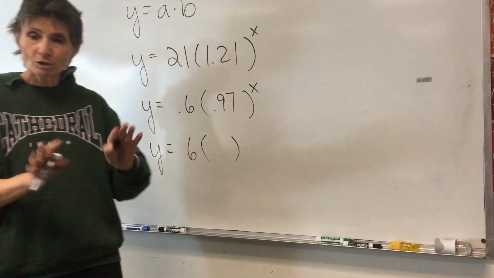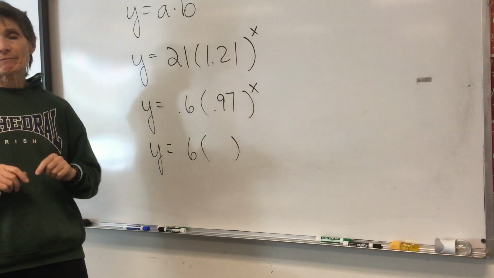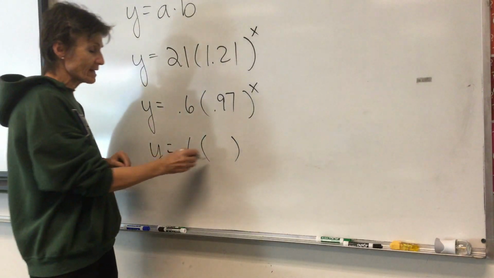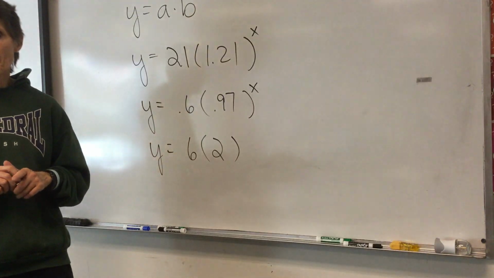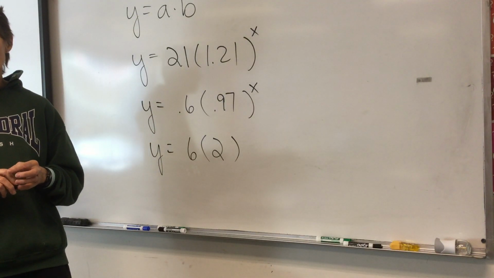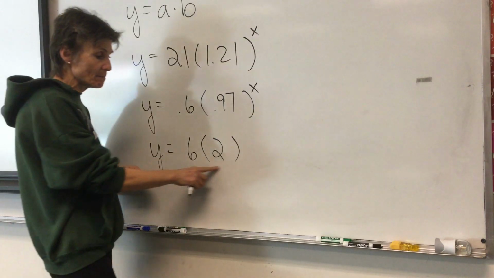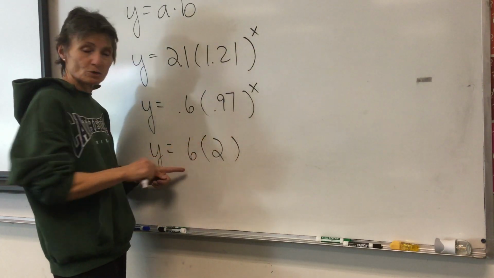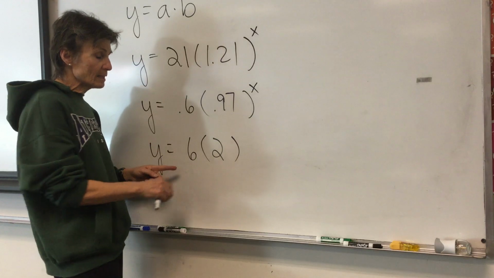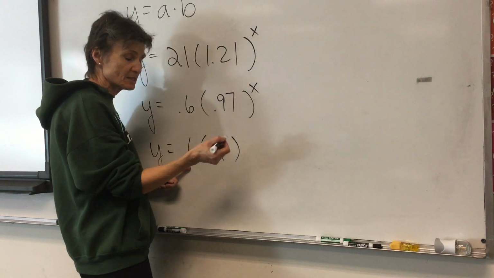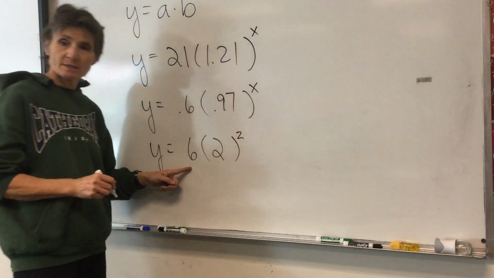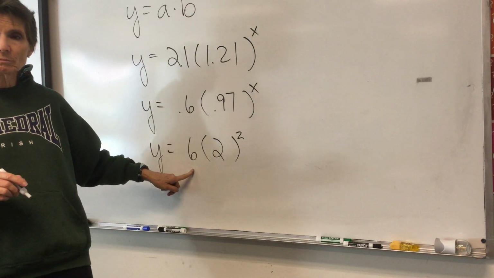I'm doubling every day. Wouldn't I just take 6 and multiply it by 2? And that would be how many tomatoes I would have after the first day. Well, if I did this for 2 days, wouldn't I just multiply by another 2?